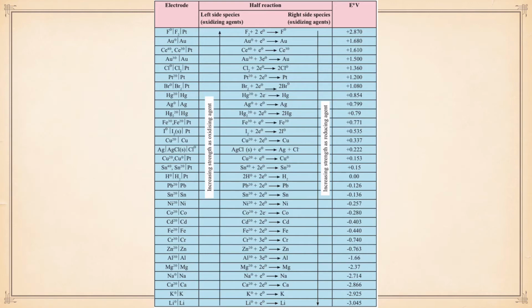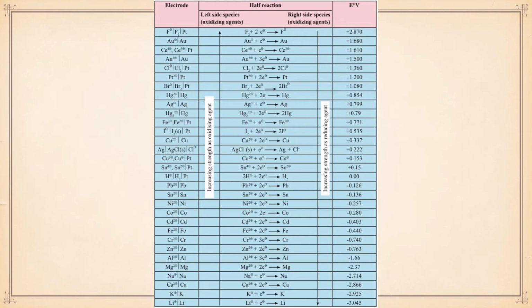In the reactant side, whatever is there, they are said to be the oxidizing agent. That means the one which helps to oxidize others but itself gets reduced. So the strongest oxidizing agent in this table is fluorine, and in case of reducing agent it will be lithium, which is at the extreme bottom. So hopefully you understood the table.